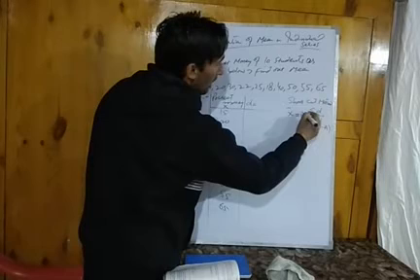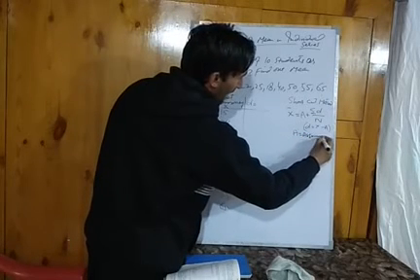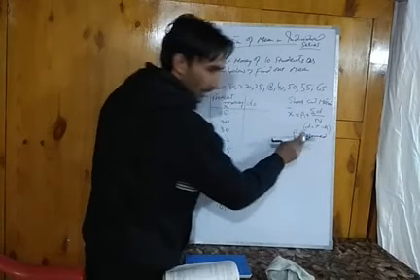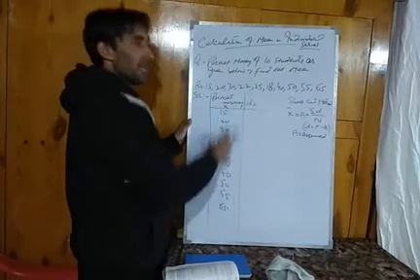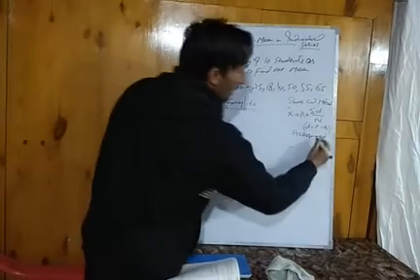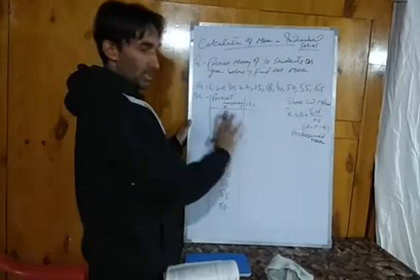The central value here is a, the assumed mean. We assume that a is our mean, which we keep as an assumption. This is not actual.